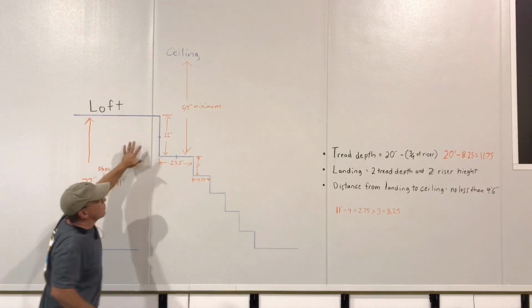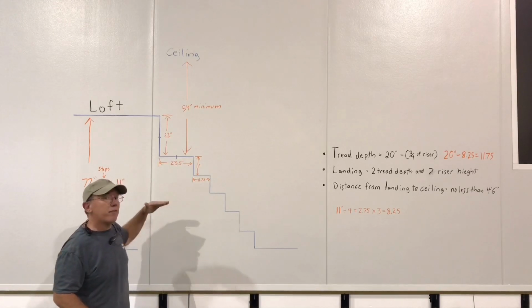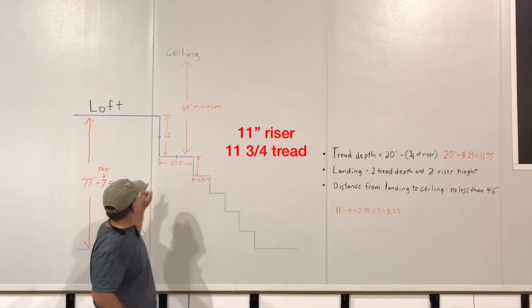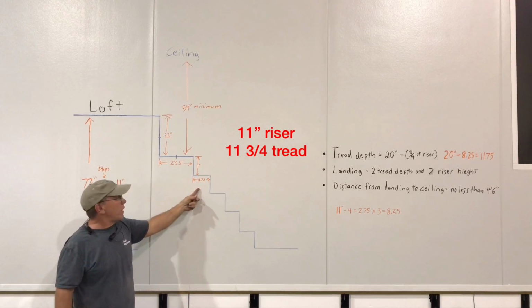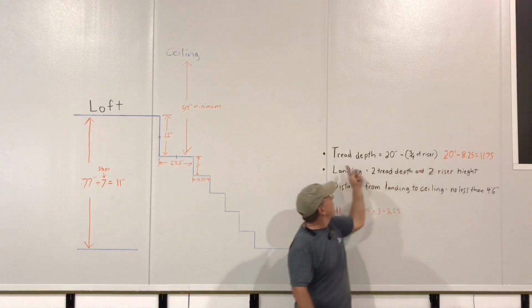I'm just doing this for the simple math. Once you have your loft, you can figure the math from there. So now we have our riser height, 11 inches, and our tread depth, 11 3/4 inches, based on this formula.